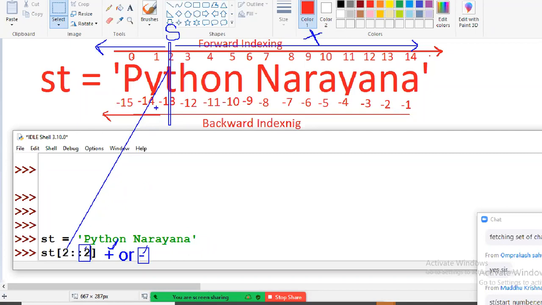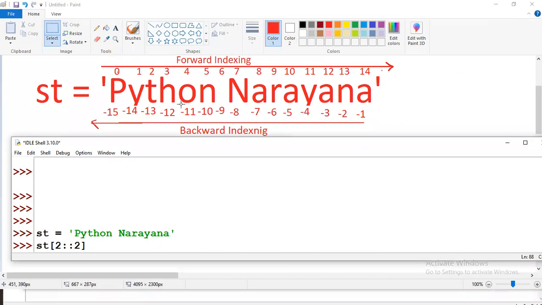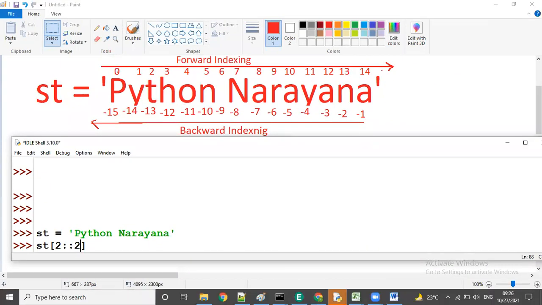If it's a minus increment, then we go backward, taking every second character, every third character. So as per my explanation, tell me what will be the output.